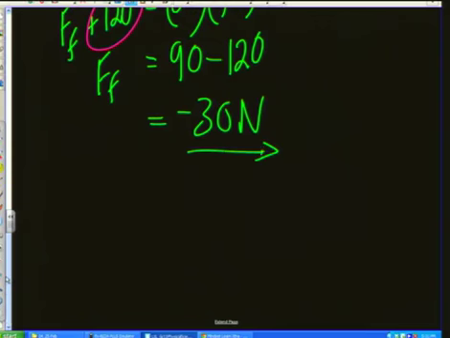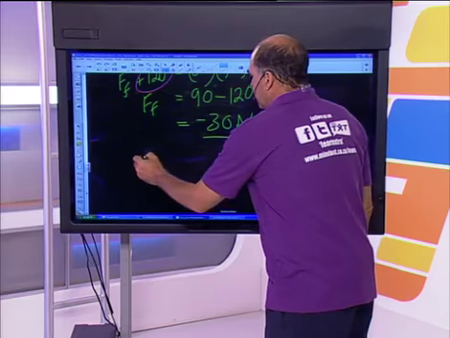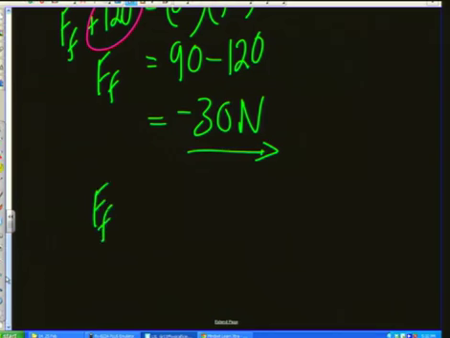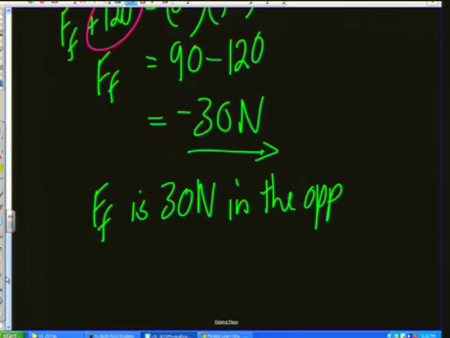Can I leave it there? Guys, no. You must never leave an answer with a negative sign in front of it or a positive sign. You can't leave a vector without describing the direction. So we must interpret this. We must say, therefore, the frictional force is 30 newtons in the opposite direction to the applied force.